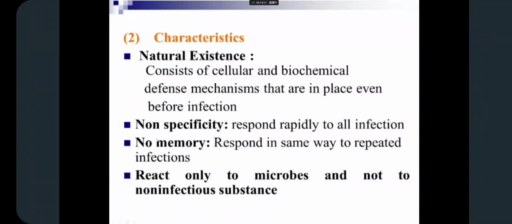Okay, the innate immunity has no specificity. So it can respond rapidly to all infections. And then it has no memory. No memory means it can respond in the same way to repeated infection.